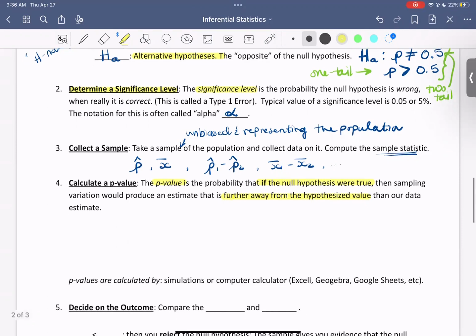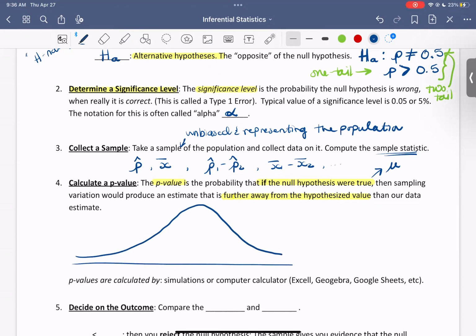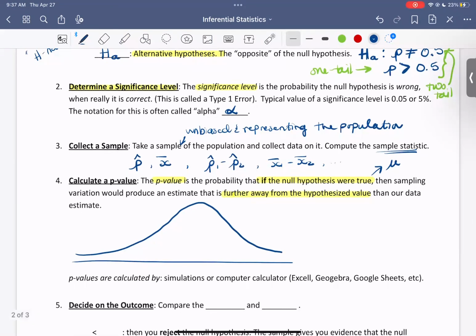All right, let's break this down a little bit with a picture. If the null hypothesis were true, let's assume that we're working with a population mean. Then the distribution of sample data would look something like this, where the center is above that true population mean. So I'm going to write out this distribution.